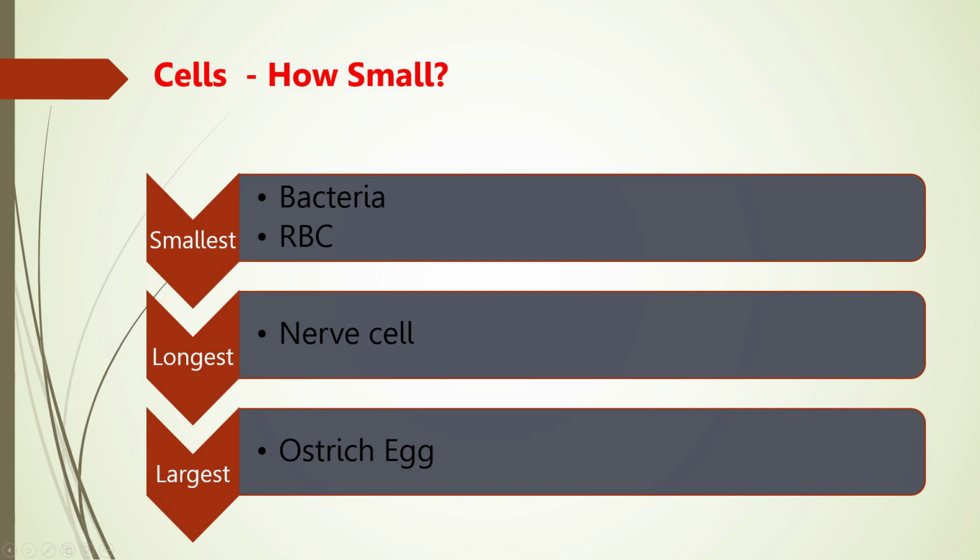We have organisms having the smallest cells, like bacteria. One more smallest cell in the body is the RBC. The largest cell is the ostrich egg, and the longest cell is a nerve cell. So depending upon the size, again 3 categories were made: the smallest, the longest, and the largest.